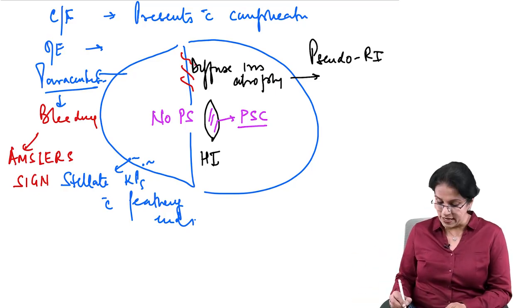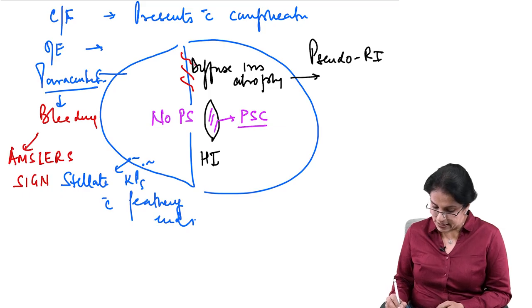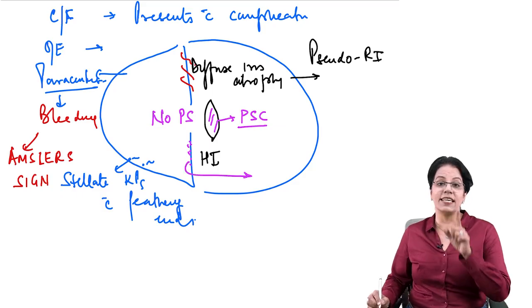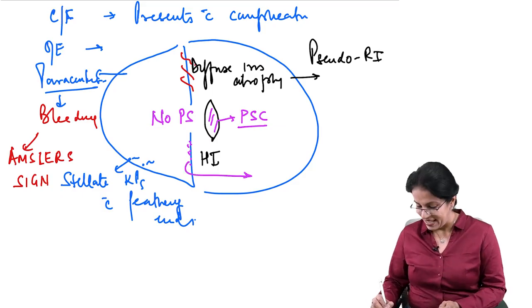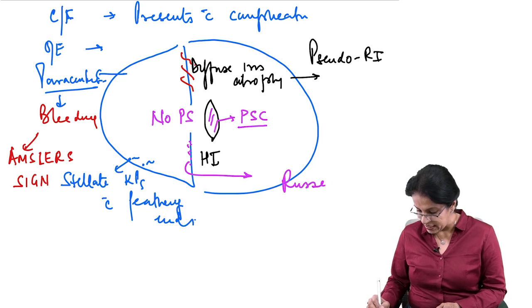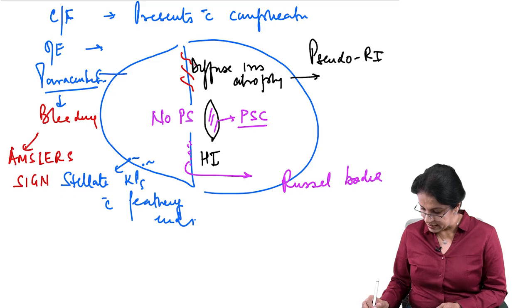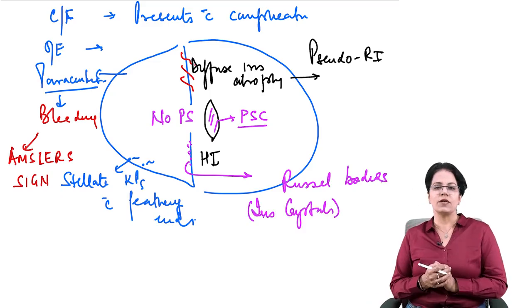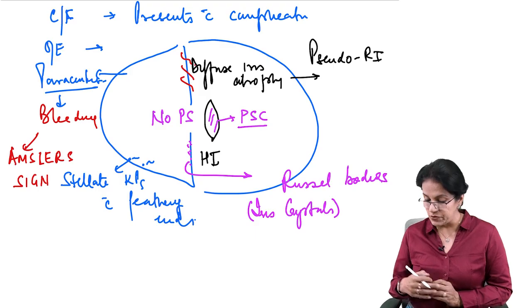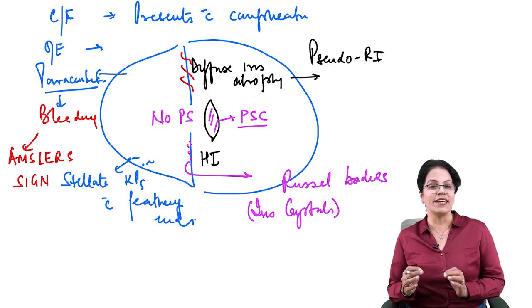One more interesting finding is iris crystals, which are called Russell bodies, can be seen. Now, this is again an extra point. If you don't want to learn, it's okay. Russell bodies are nothing but iris crystals. It is not asked. We don't expect it to. But yes, the rest of the features should be absolutely very clear to you.